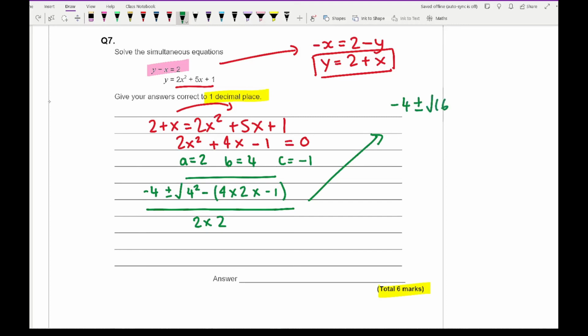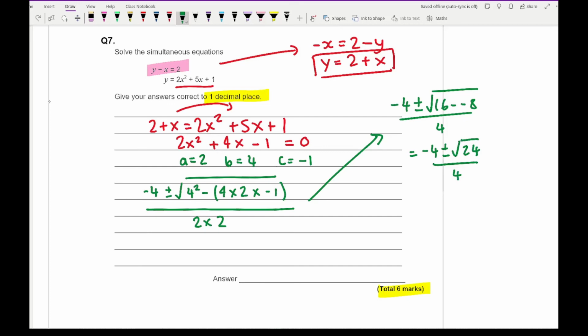And then 4 times 2 is 8, times minus 1 is minus 8. So I've got minus minus 8, all divided by 2 times 2, which is 4. So I end up with minus 4 plus or minus the square root of 16 plus 8, which is 22. No, it's not. It's 24. And all divided by 4.